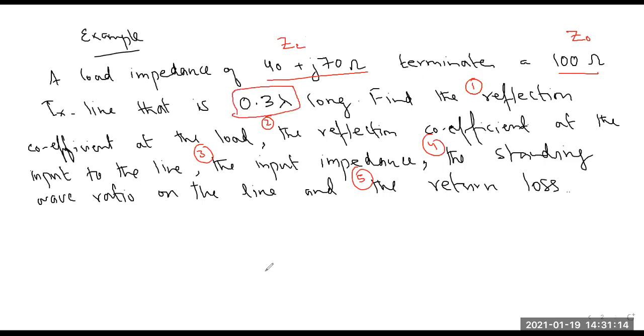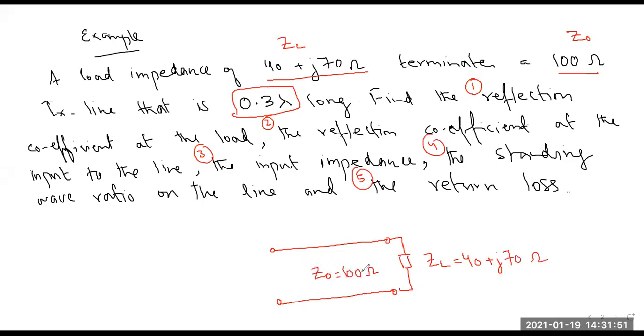So if I represent this information in a graphical form, I will draw the transmission line. This is how we represent a transmission line, by drawing these two parallel horizontal lines. The right side is usually used for connection to the load. So we have ZL equal to 40 plus J70 ohm. Transmission line Z0 is given to you, it is 100 ohm.